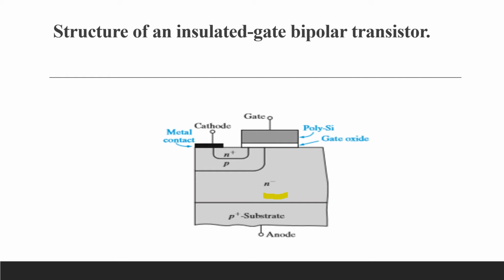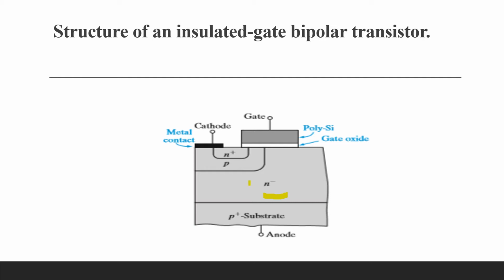This is generally a thick 50 micrometer epitaxial region with a low doping of 10 raised to power 14 per centimeter cube, grown on the heavily doped P-type substrate. On the P-type doped substrate, it is actually low doped N-type material. And this heavily doped P-type substrate forms the anode.